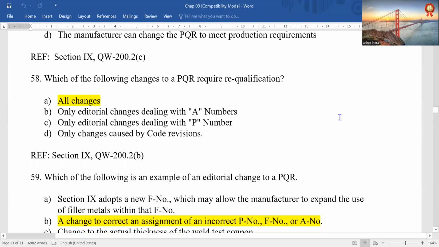So which of the following changes to a PQR require requalification? All changes, except editorial changes.